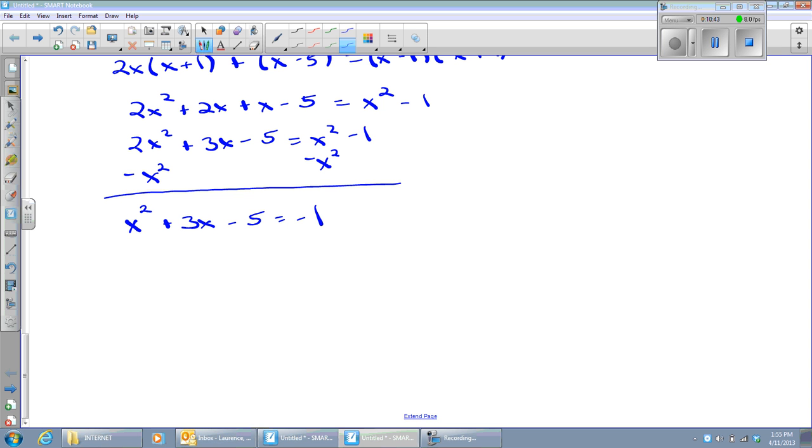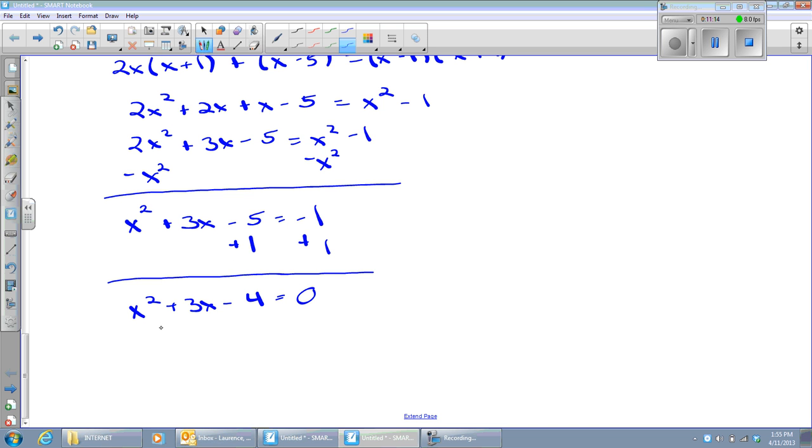Now this should look pretty familiar since we use this to find our roots when we were graphing, find our zeros, find our x's. So we're going to add 1 to both sides. So x squared plus 3x minus 4 equals 0.